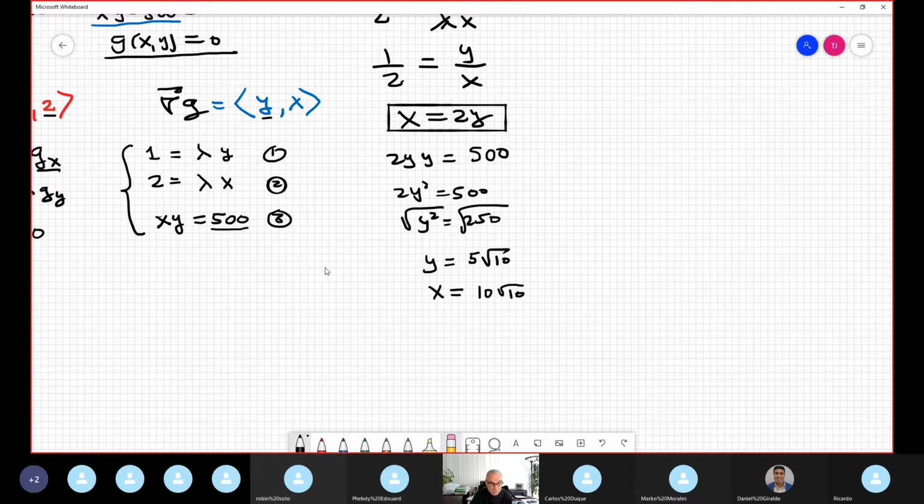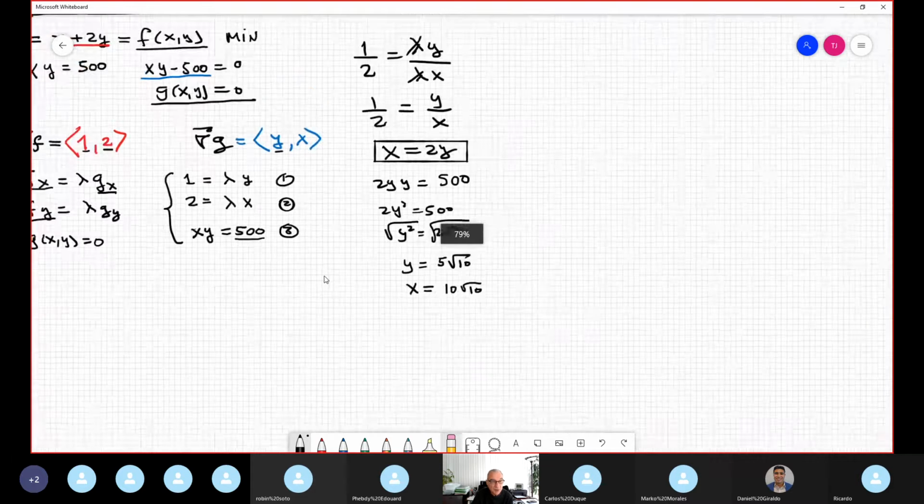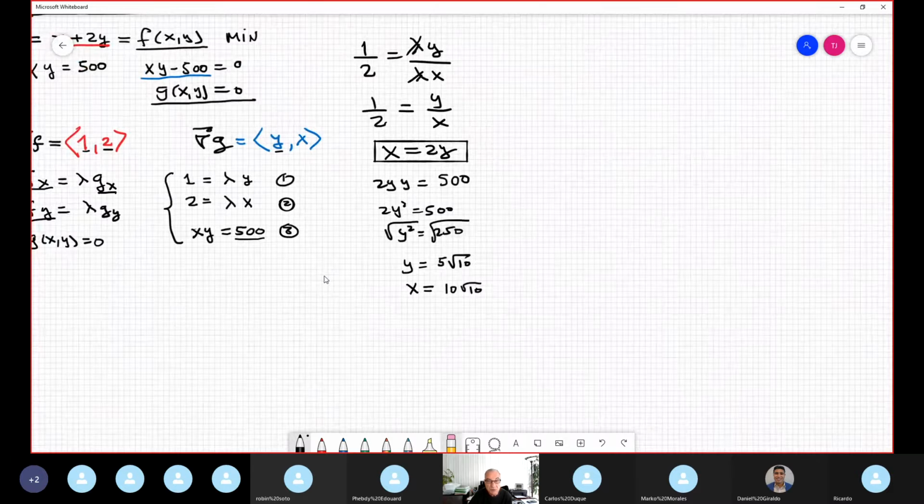It works. However, if you want to find the total material, so the total length, you go back to the equation for the f, because the thing I want to minimize, no? So the thing I want to minimize, because this function is x plus 2y equal perimeter, I call f of x comma y.